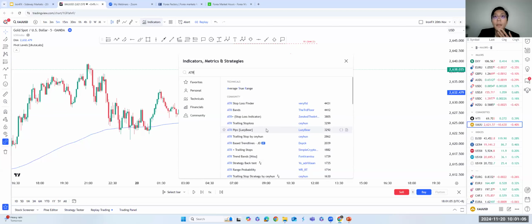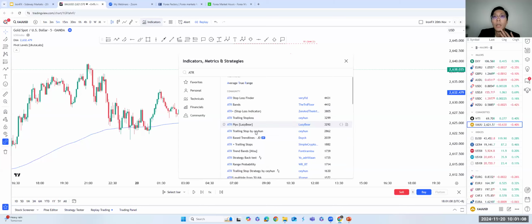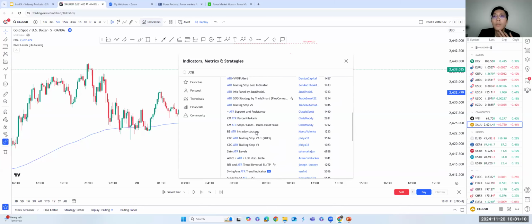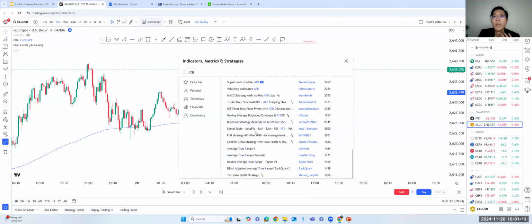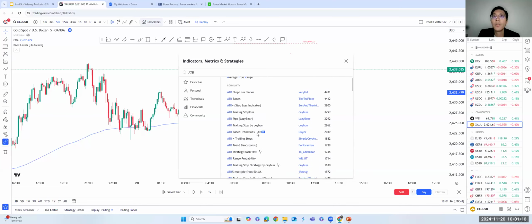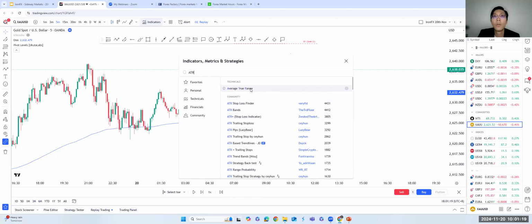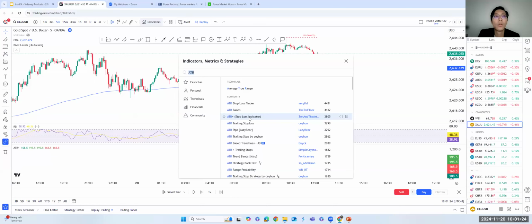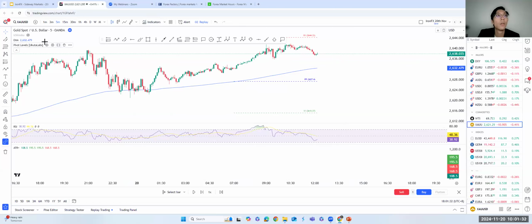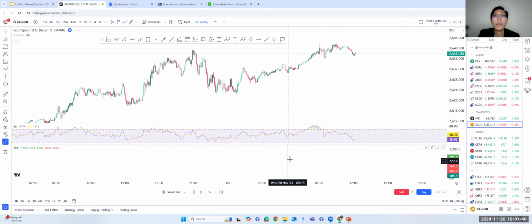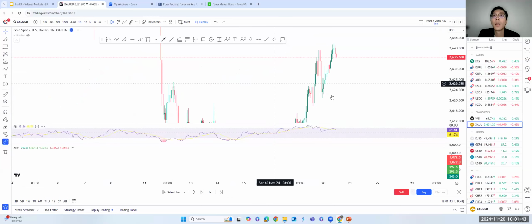But I'm trying to find the one that is like... where is it? There is this very, very useful average. Is it this one? Okay, wait, it's too many things. Why isn't it appearing?